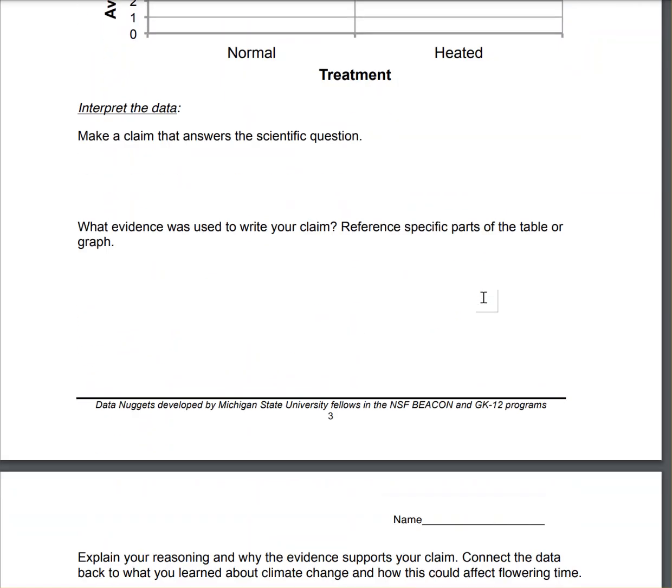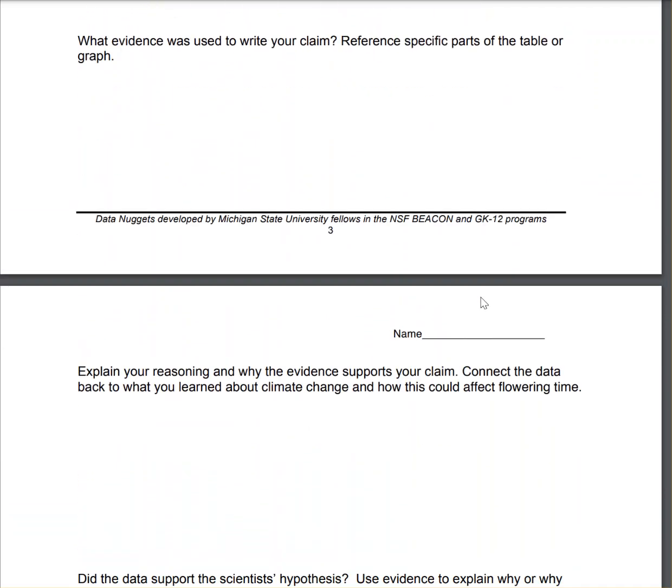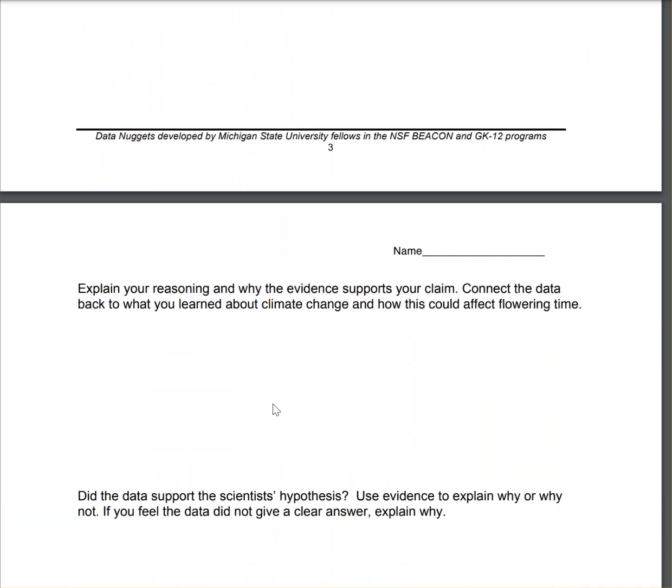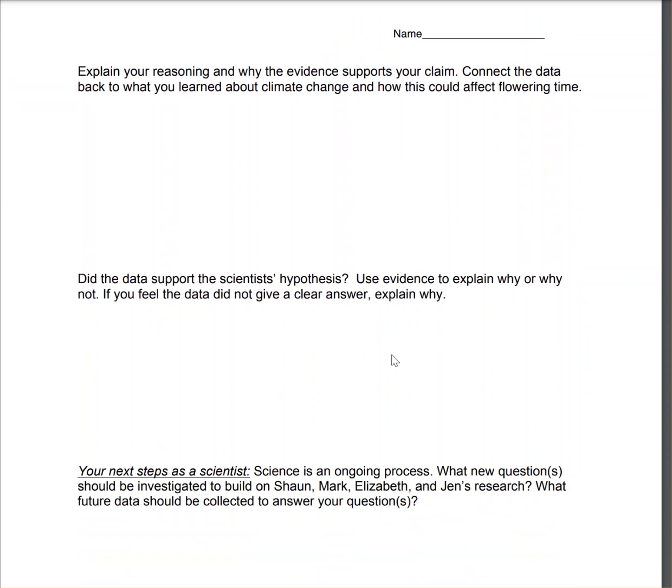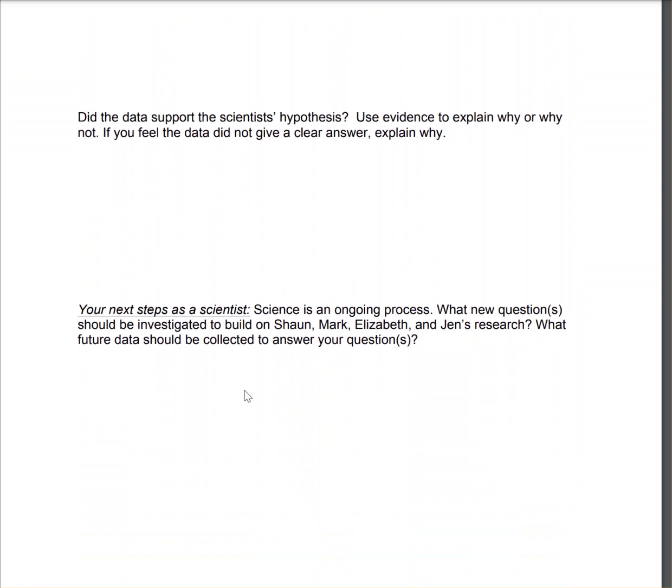All right, so you have to describe and be very specific with your descriptions with these next few questions. All right, and again, you're going to explain your reasoning and why the evidence supports your claim. Was the hypothesis correct or not? And the next steps. All right, so what new questions should be investigated to build on this research?